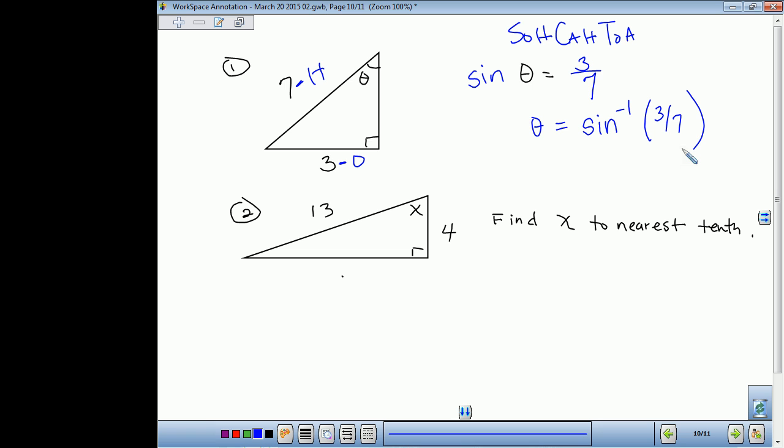So you'd go sine, sine, and inverse sine will show up. So we do inverse sine of 3/7, and that angle measurement is approximately 25.38 degrees.